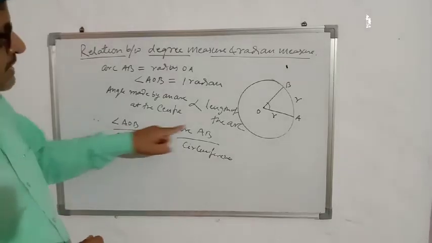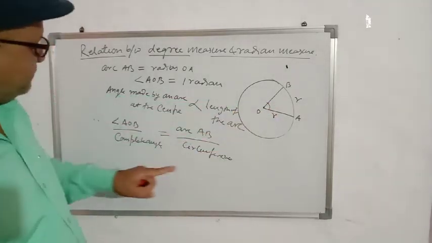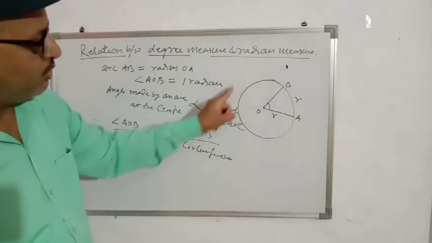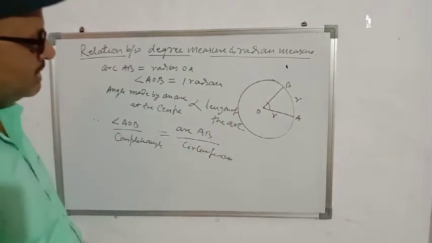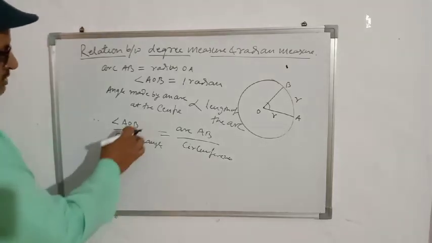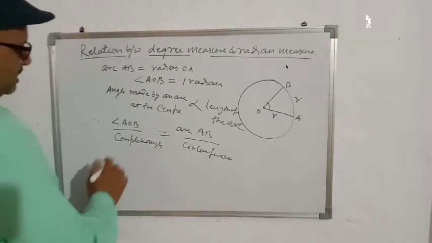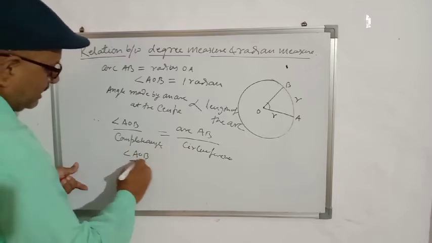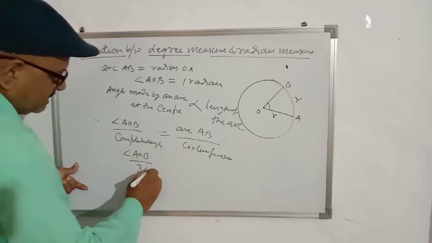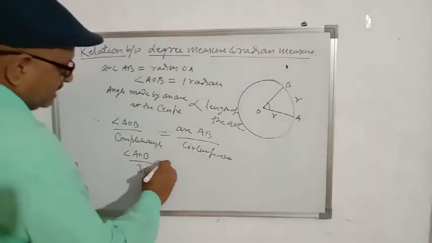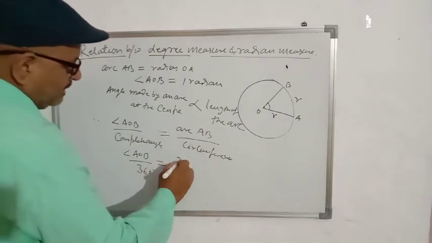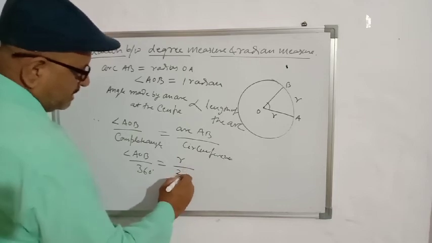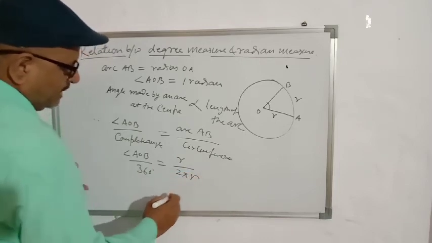So ratio will be equal. Angle AOB, complete angle, we know that 360 degree. Arc length AB is equal to small r, and circumference, we know that 2 pi r.